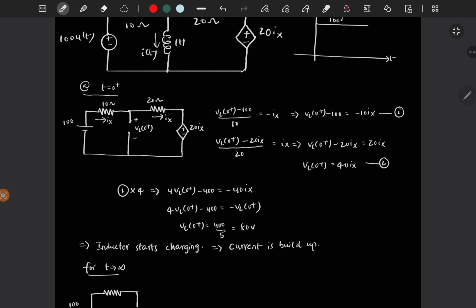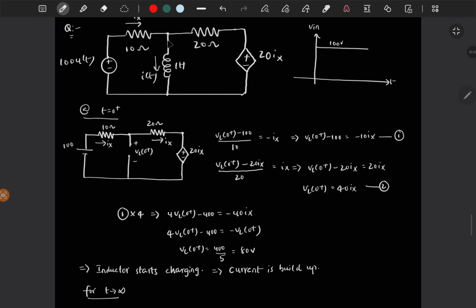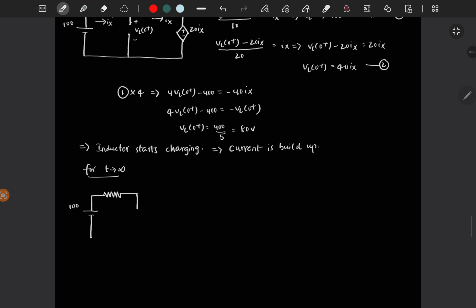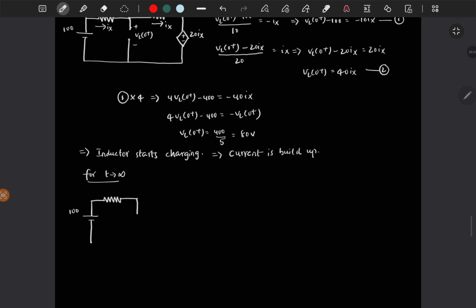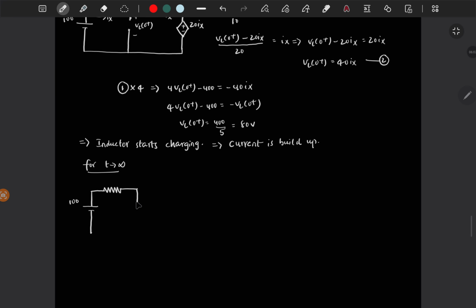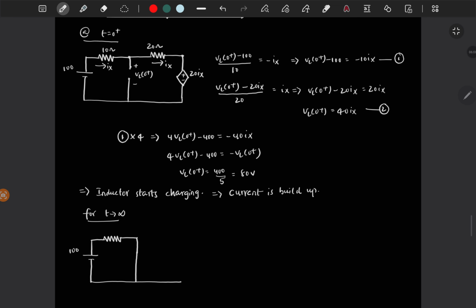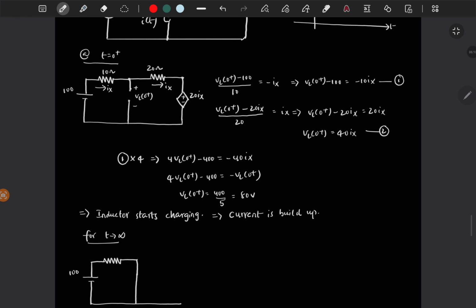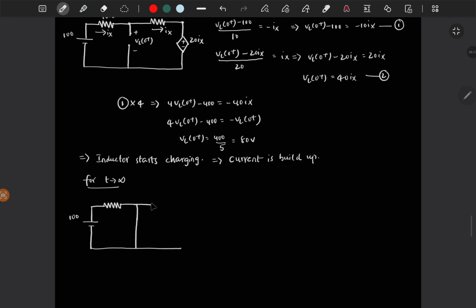It means the current flowing through the inductor is constant at steady state, which means between the two terminals of the inductor it acts as a short circuit. So this is short circuited, because V is equal to L into di by dt, right? So if i is constant, then you will get VL as 0, and you have this.